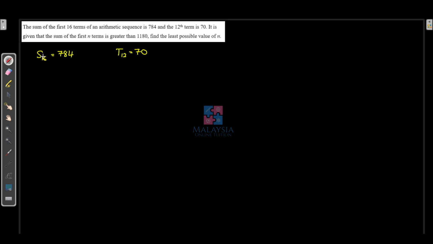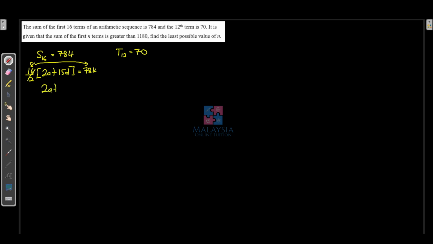So for the case of S16, the formula is n over 2, which means 16 over 2. And then you open the bracket, 2a plus n minus 1, which means 15, d, equals 784. So 16 divided by 2 is 8. So you shift this to the right hand side.